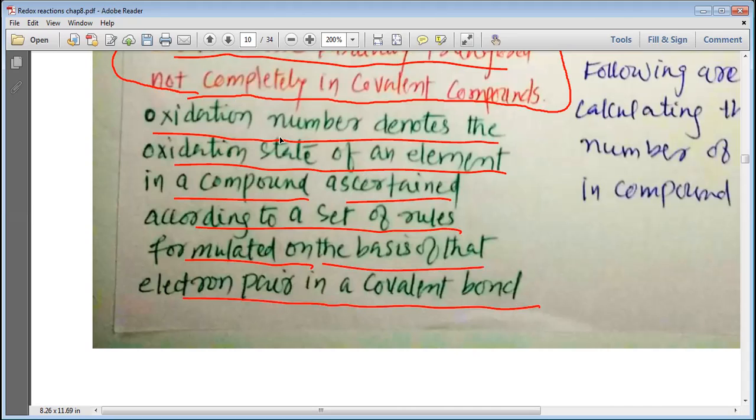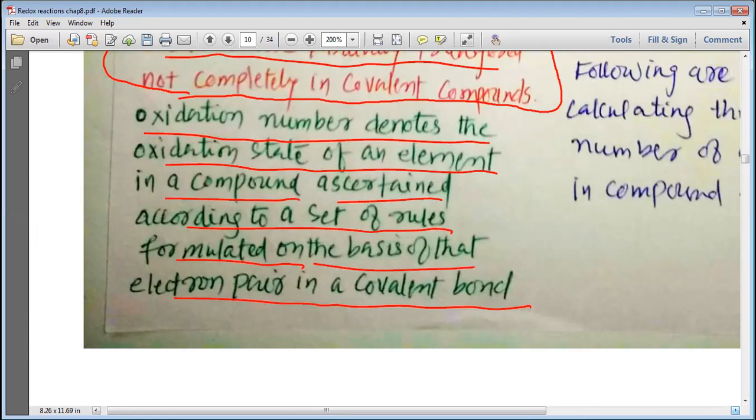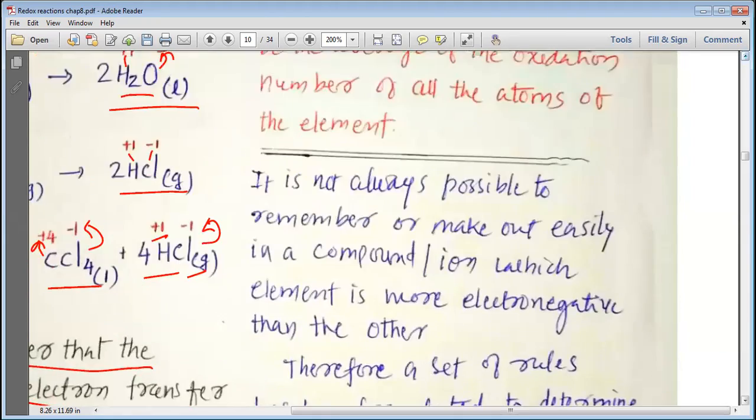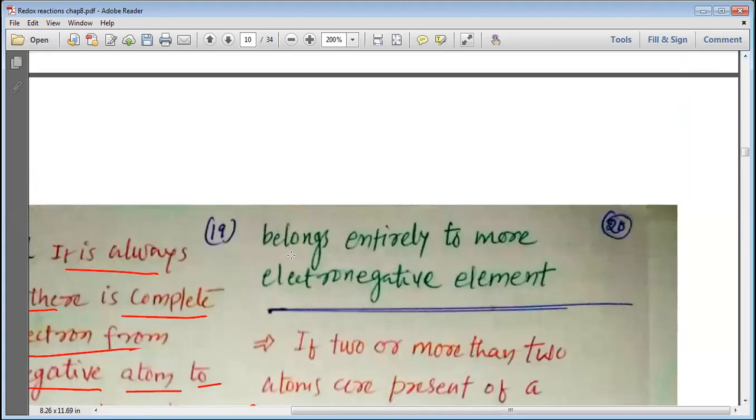So oxidation number denotes the oxidation state of an element in a compound ascertained according to the set of rules formulated on the basis that the electron pair in a covalent bond is completely transferred. The electron pair in a covalent bond belongs entirely to the more electronegative element.